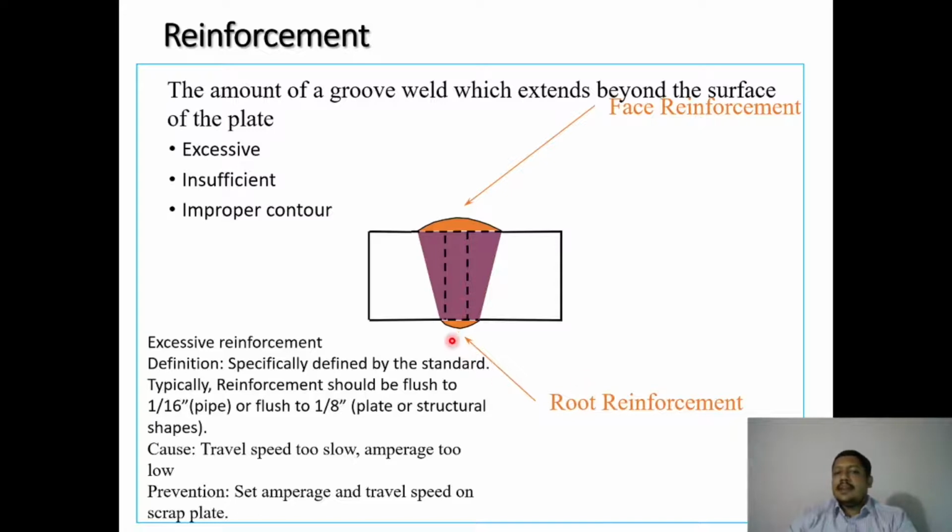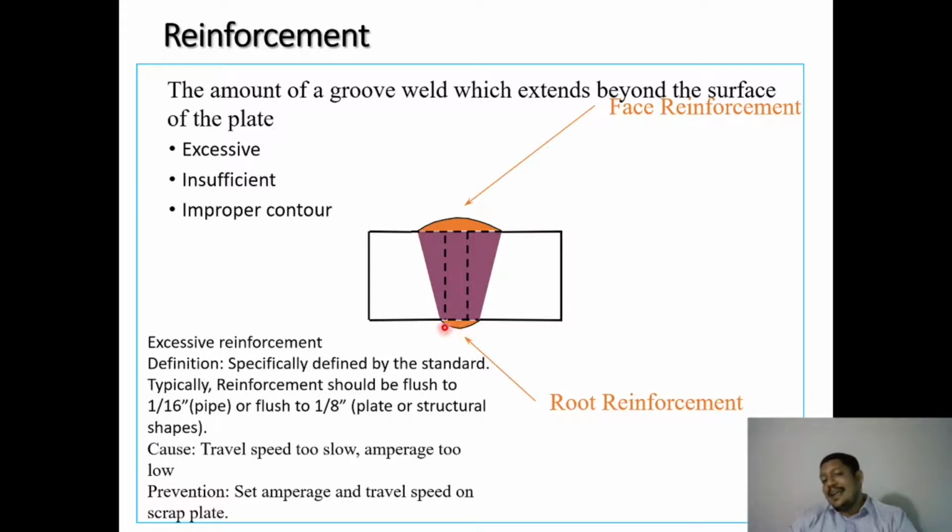You can see this is a reinforcement. There is root reinforcement as well as face reinforcement. Excess reinforcement is not required in welding, only the recommended reinforcement.